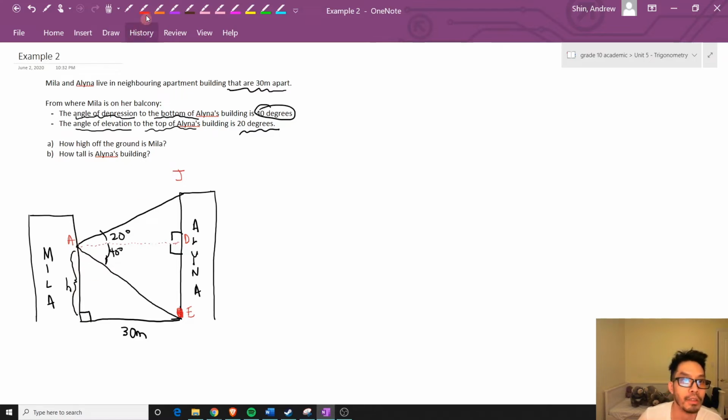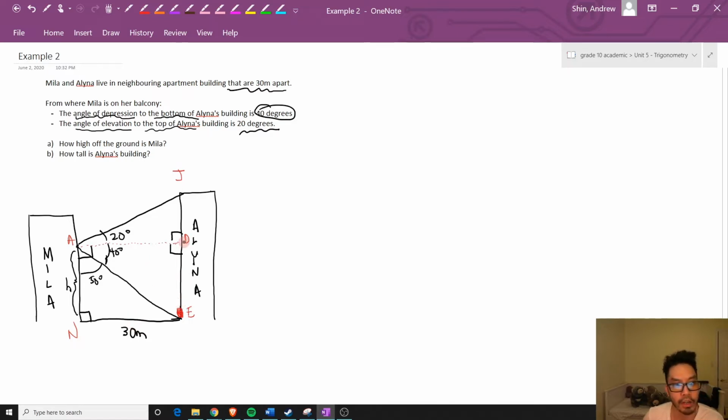I guess I should label the other part of the triangle here, which is N. So you can work with this triangle, because we know this is 30 meters, and we know that this is also going to be 90 degrees here. So if this is 40, what's this angle going to be? If this is 90 degrees and this is 40, it's going to be 90 minus 40 that's left over here, which is going to be 50 degrees. So we can work with triangle ANE and get the answer there.